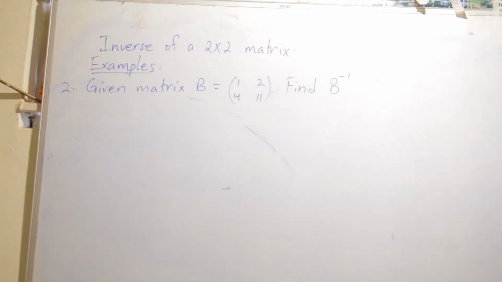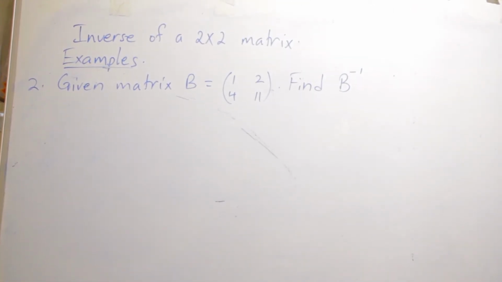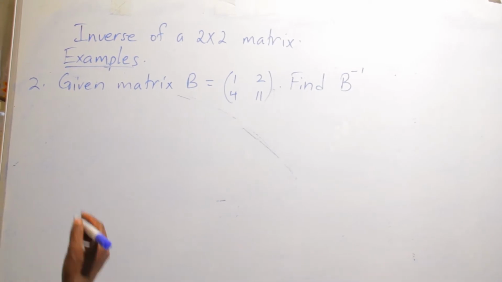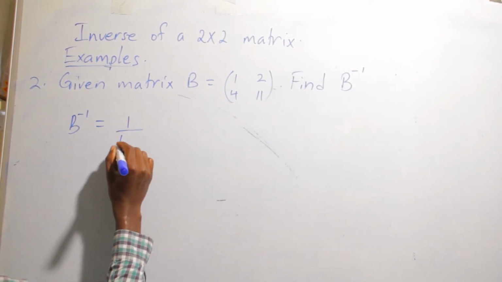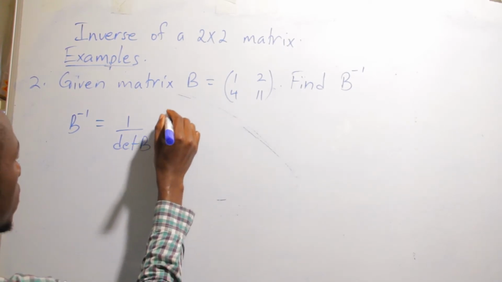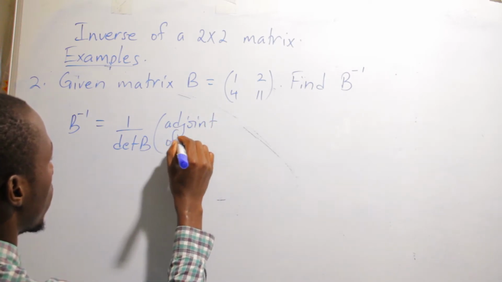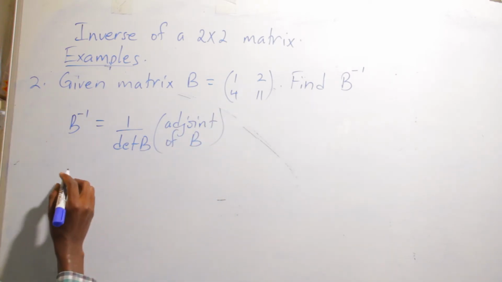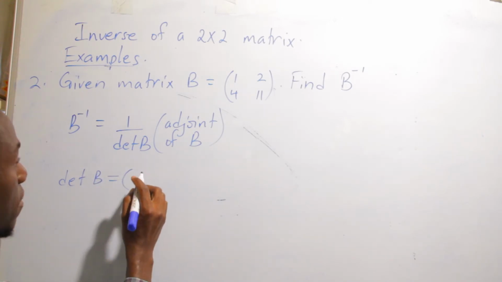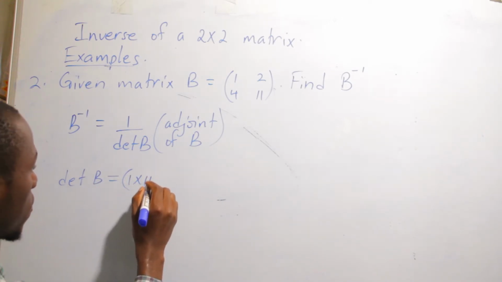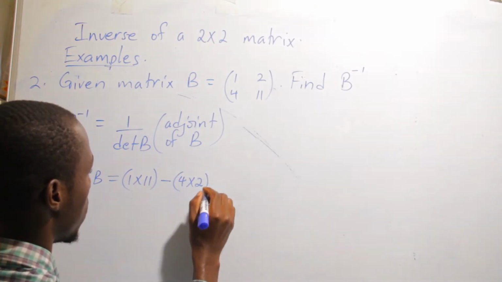Example 2: given that matrix B is 1, 2, 4, 11, find the inverse of matrix B. Our inverse is 1 out of the determinant of matrix B times the adjoint of B. To get the determinant of B, we take the product of the elements in the leading diagonal, minus the product of the elements in the minor diagonal.